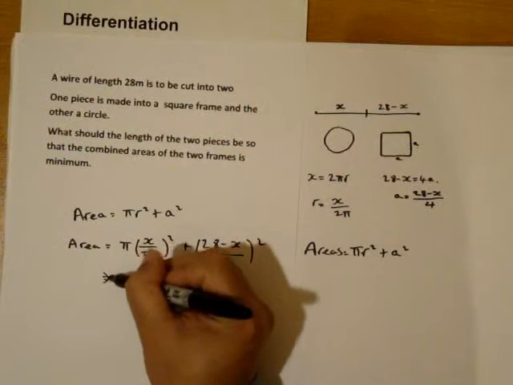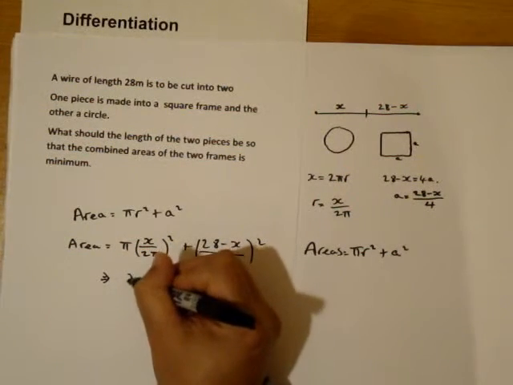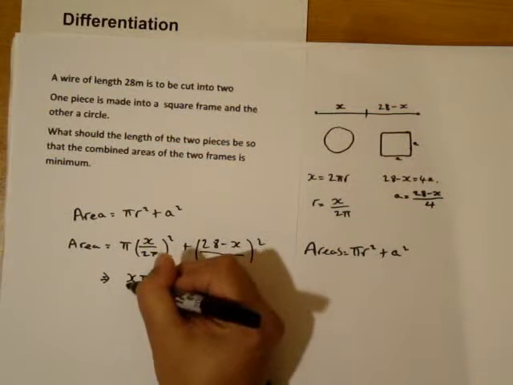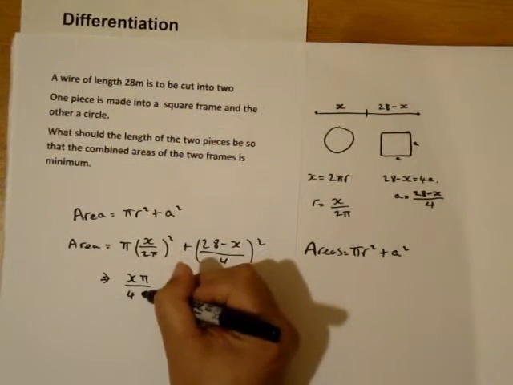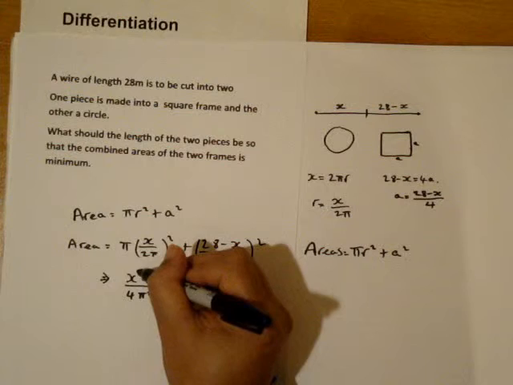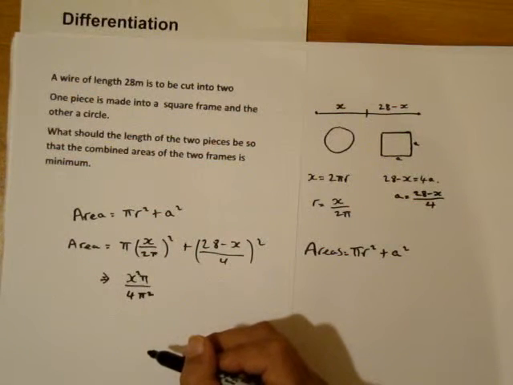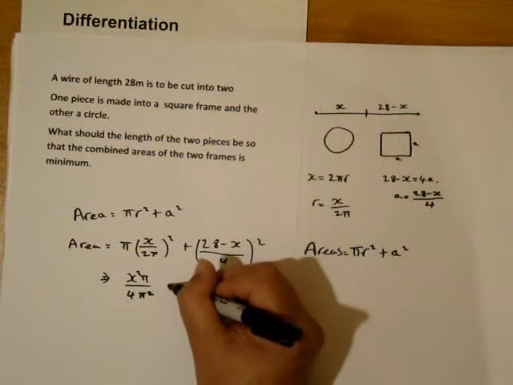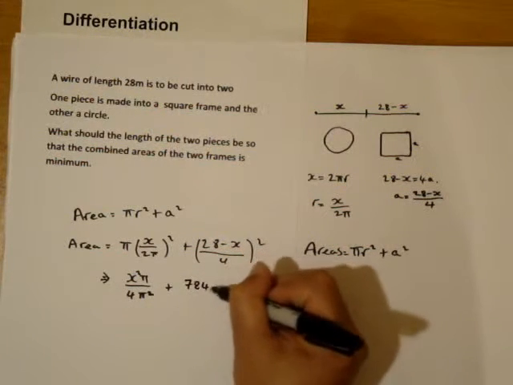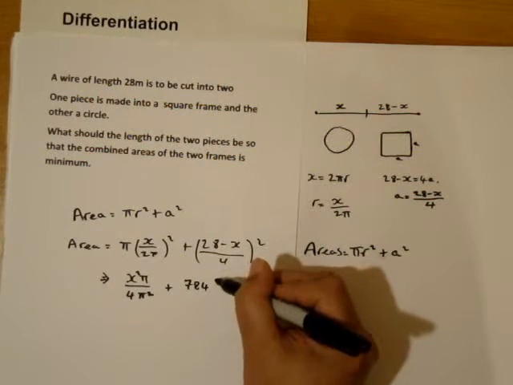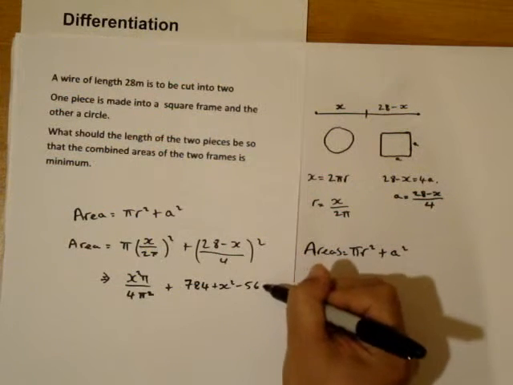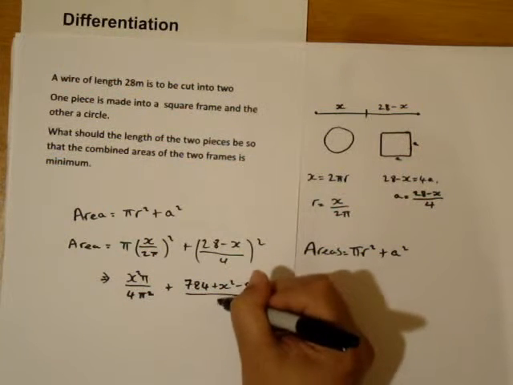This becomes pi x squared over 4 pi squared, plus 784 plus x squared minus 56x, all over 16.